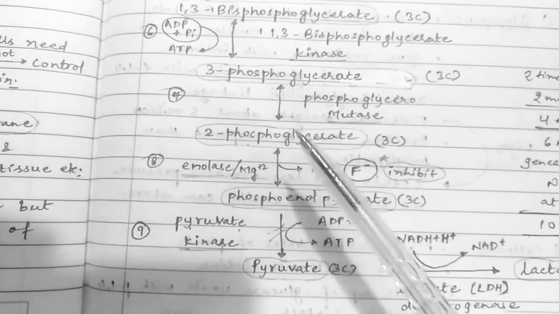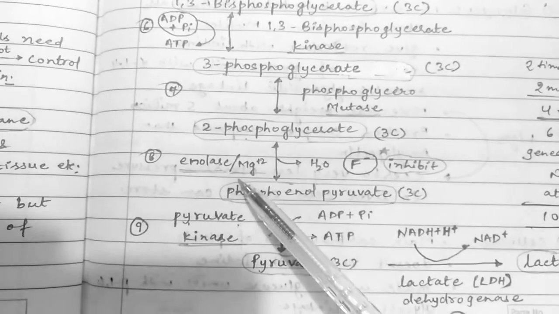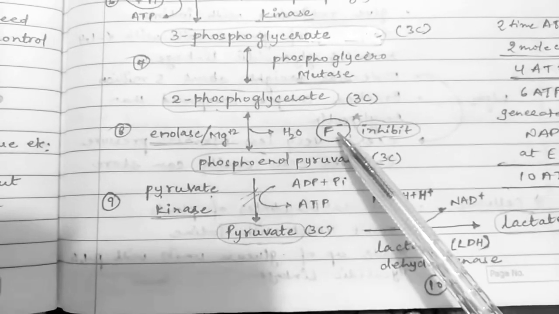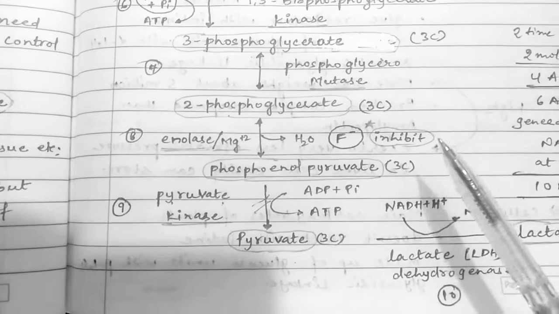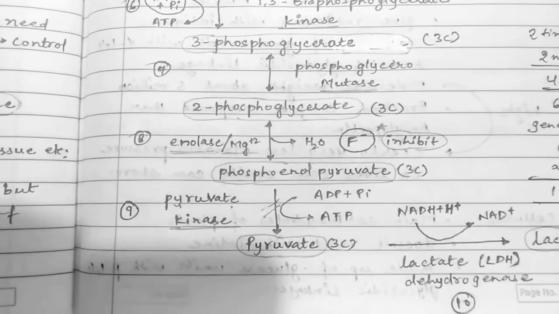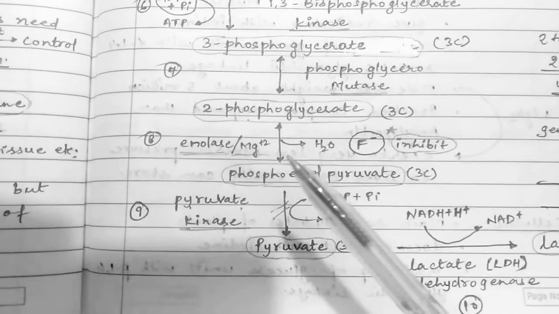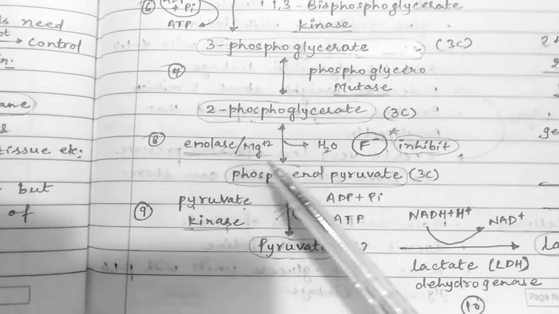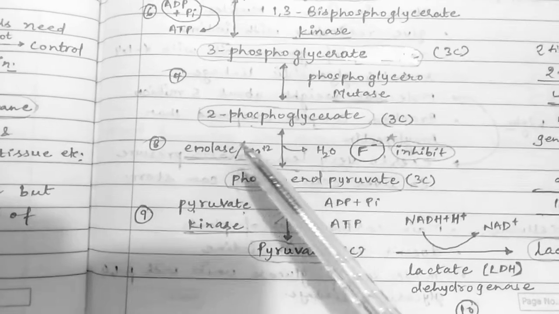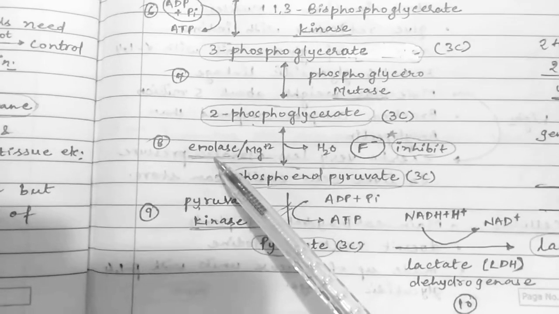If magnesium ion concentration is less, there will be more concentration of fluoride ion, and this fluoride ion always inhibits the glycolysis process. So step number 8 is very important because it takes place only in the presence of magnesium ion, and for this reaction we require the enolase enzyme.